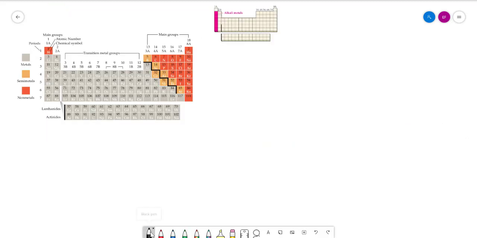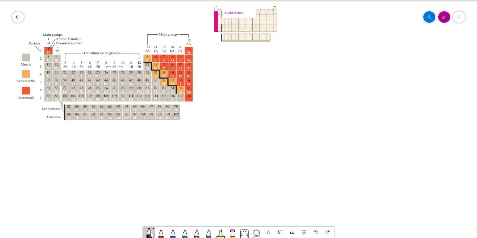So let's talk about the several individual groups. Remember, groups are these vertical columns in the periodic table that are constructed because of their similar chemical properties. So let's go through each of the key groups in the periodic table and describe some of the properties that they have.